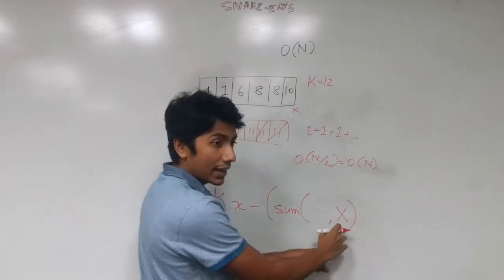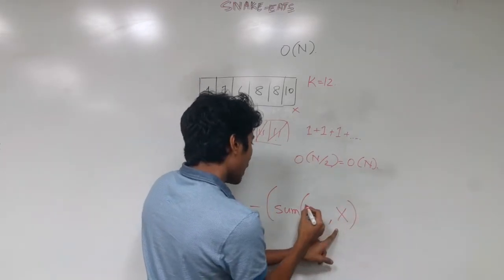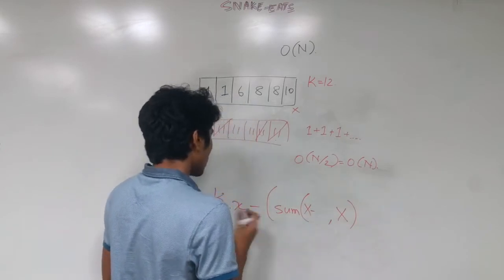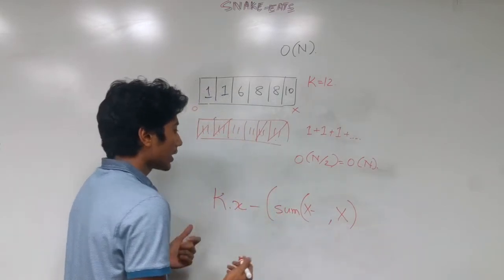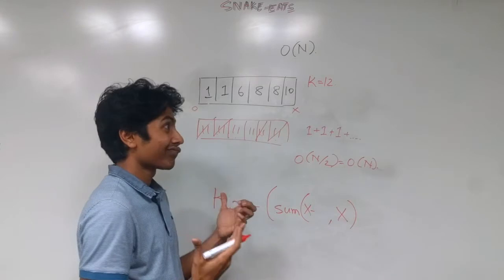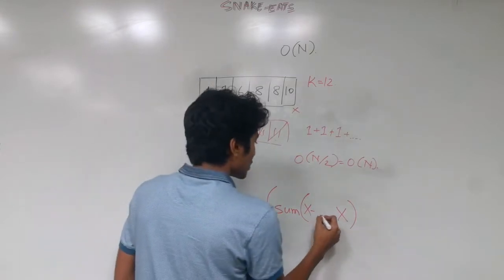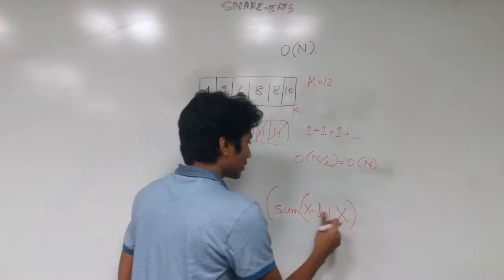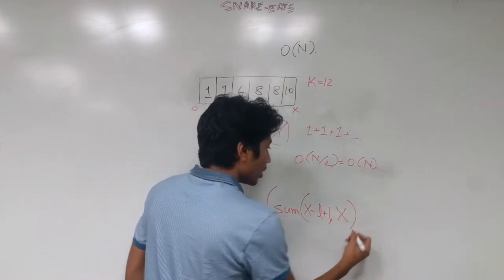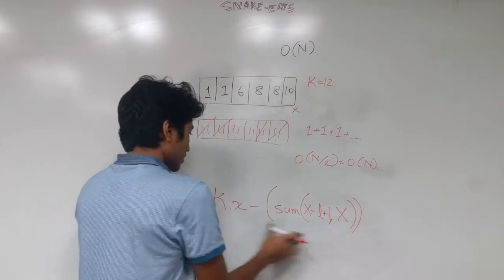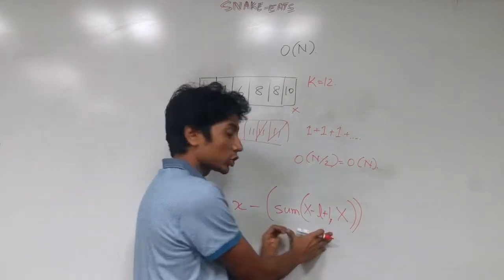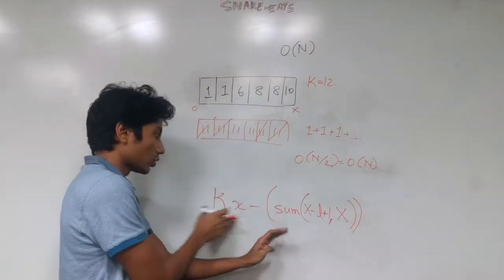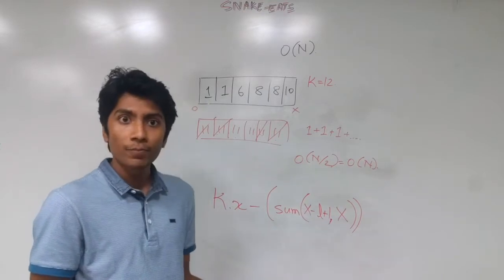This will be the range ending, and the range start will be x minus l plus 1, where the length of the range is small l. Okay, that is a technicality. This is how much you need. This is how much you already have. So the difference is your requirement.